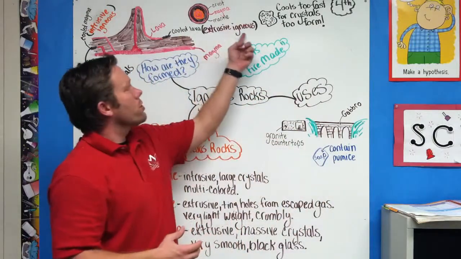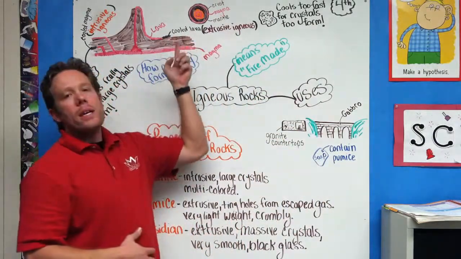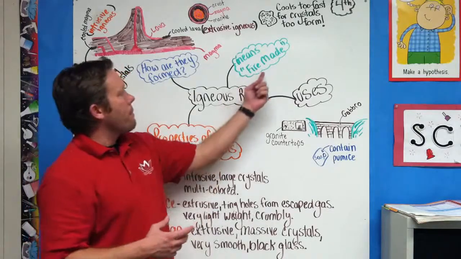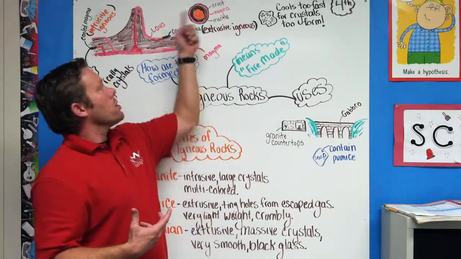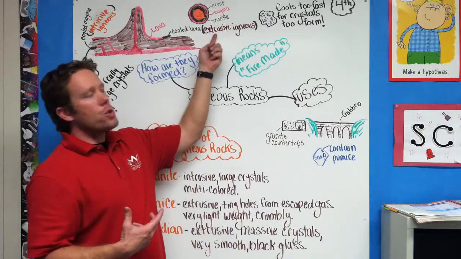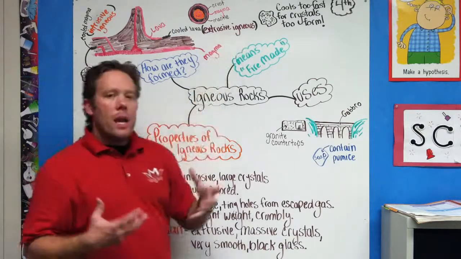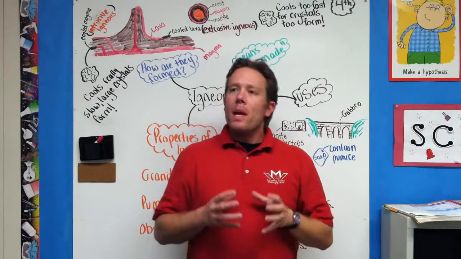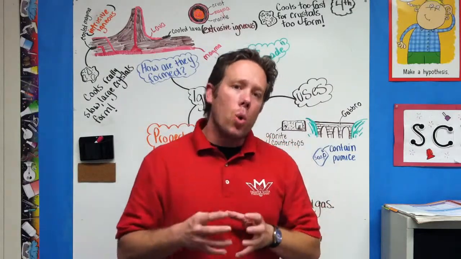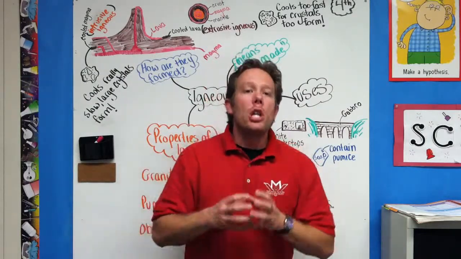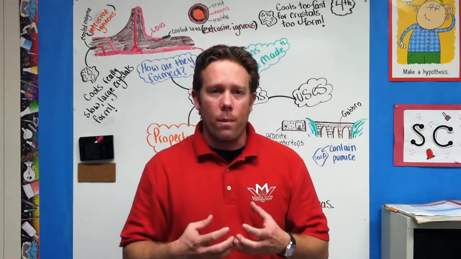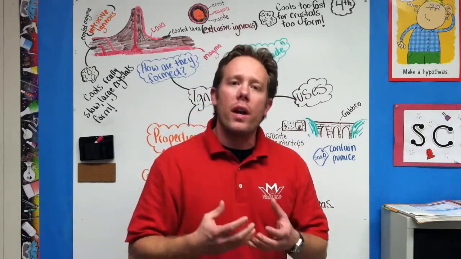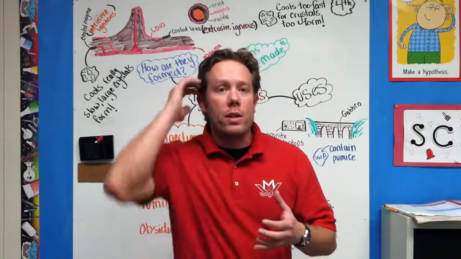Okay, so extrusive igneous rock is rock that comes from melted rock, and because it cools on the outside, it's called extrusive igneous rock. Now, basically what happens is when this magma cools, the slower it cools, these crystals start to form. So once again, the slower it cools, the bigger the crystals.